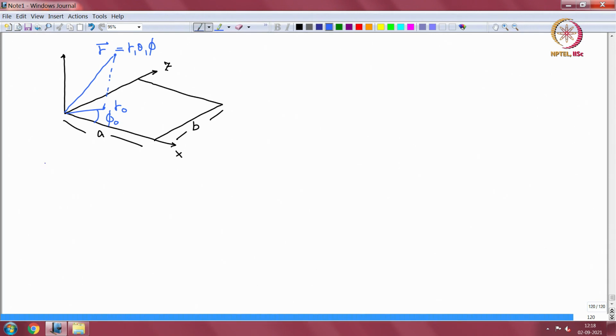So the field point is at r bar, which is given by r theta phi in spherical coordinates.